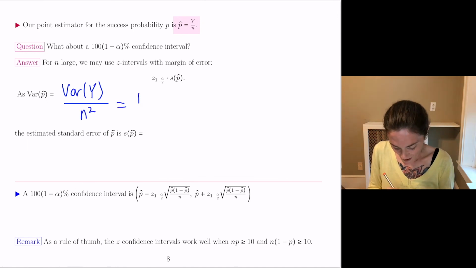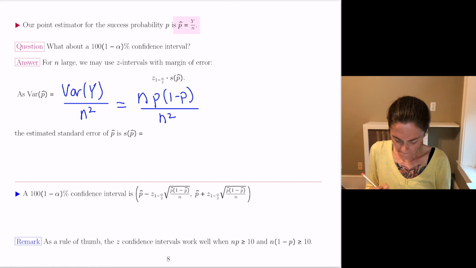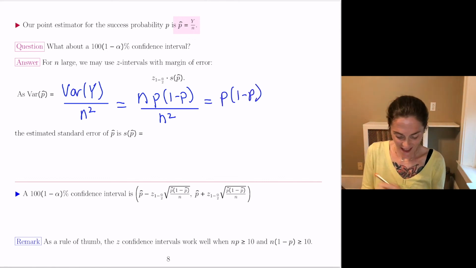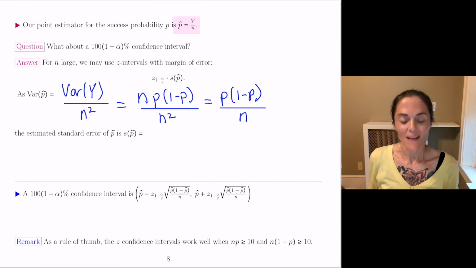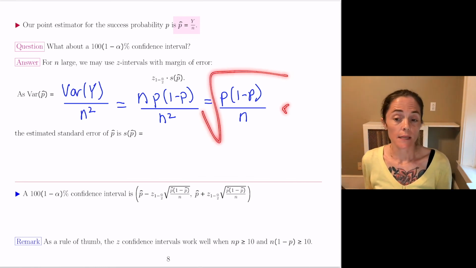The variance of Y is np(1 minus p), and then over n squared. This is p(1 minus p) over n. Well, what we would like here is the square root of this. That would give the standard deviation.